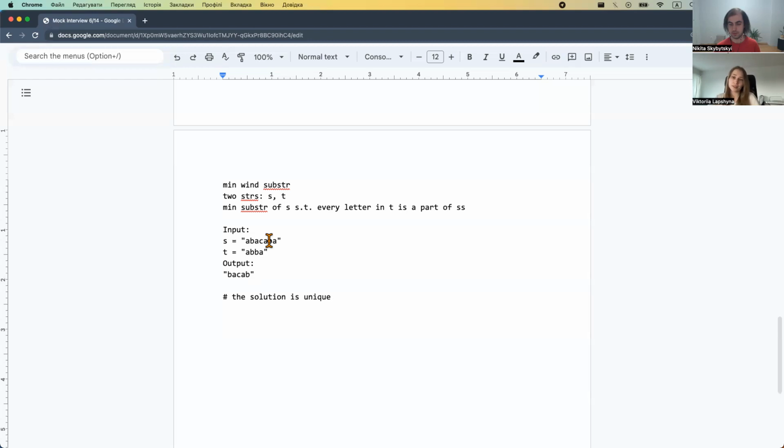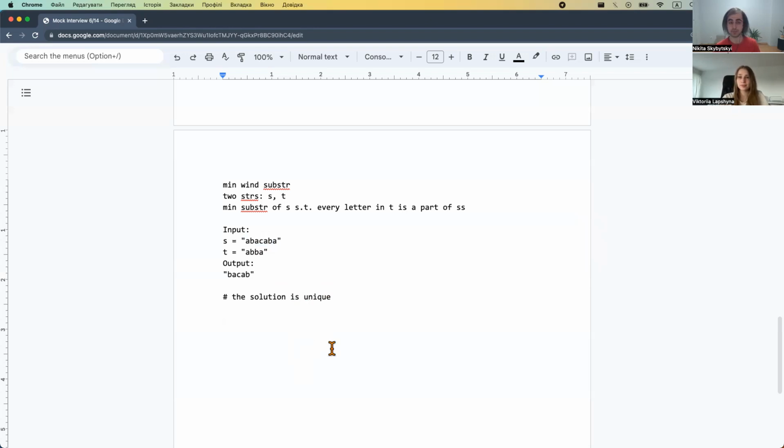Or uppercase. So I can have both lowercase and uppercase. Should I treat them as the same character or as different? As different characters. Great. In that case, I will just assume that we can have arbitrary characters, because it's not easier.